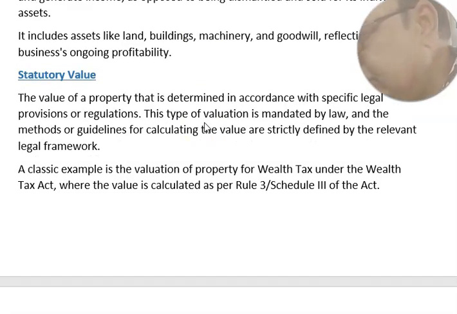Next is statutory value. The value of property that is determined in accordance with a specific legal provision or regulation. This type of valuation is mandated by law, and the method or guidelines for calculating the value are strictly defined in the relevant legal frameworks. A classic example is the valuation of property for wealth tax under the Wealth Tax Act, where the value is calculated as per Rule 3, Schedule 3 of the Act.